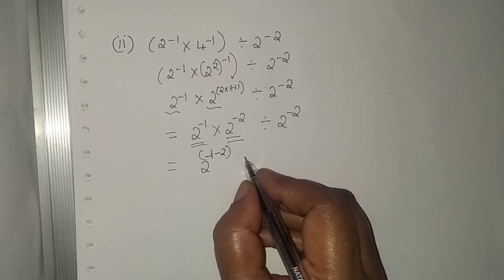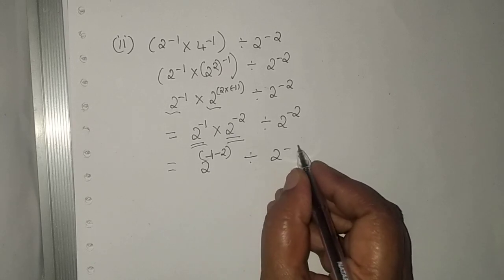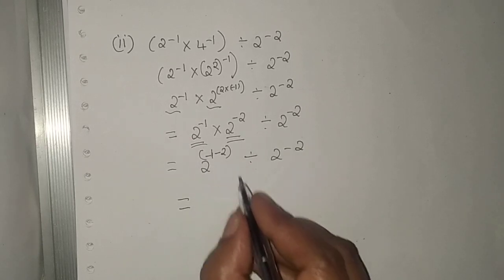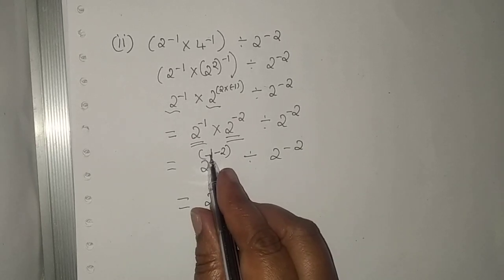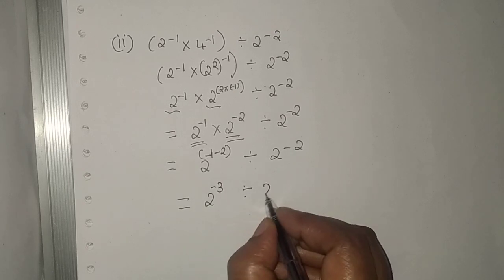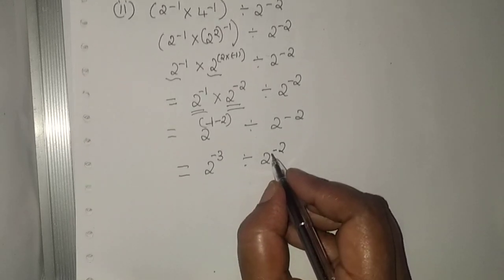Therefore next, add these two. Minus 1 minus 2 will become minus 3, divided by 2 power minus 2.